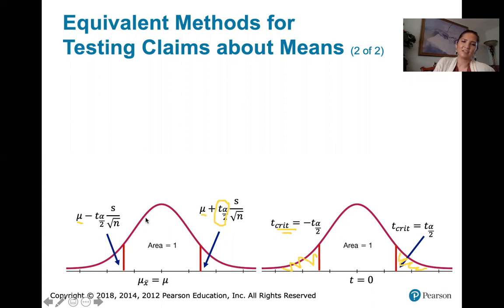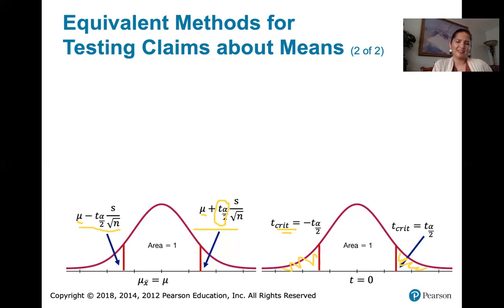Here we're saying that X bar is in between this value and this value, and if we take that inequality and write it a little differently, we can say that the difference between X bar and the true population mean is less than or equal to that margin of error.